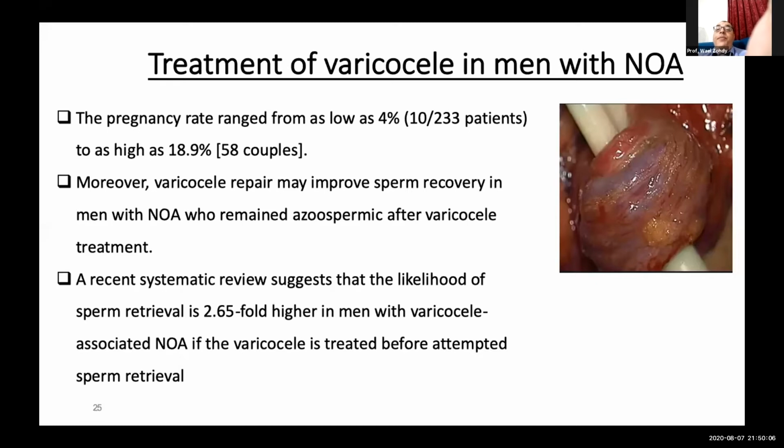Varicocele repair may improve sperm recovery in men with non-obstructive azoospermia, and I guess this is the second target. A recent systematic review suggests that the likelihood of sperm recovery is 2.6-fold higher in men with varicocele-associated non-obstructive azoospermia if the varicocele is treated before attempting sperm recovery. Next.